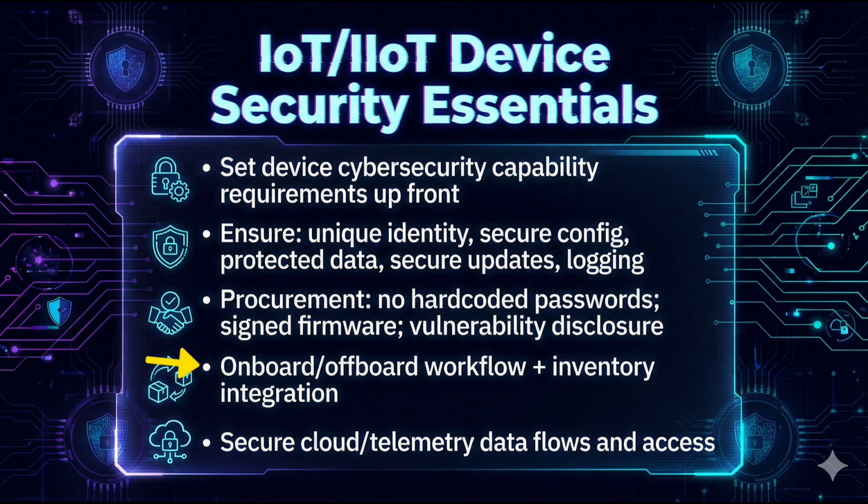Operationally, build an onboarding/offboarding workflow. That includes provisioning certificates or credentials, assigning the device to the right network zone, and recording it in your inventory. When the device is retired or replaced, you revoke credentials and securely wipe sensitive data.